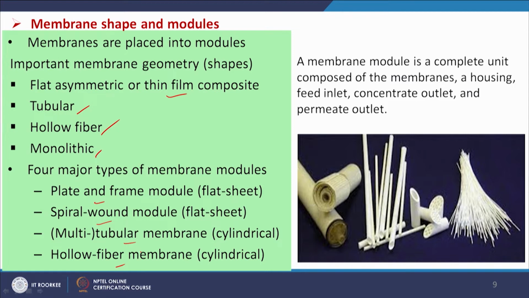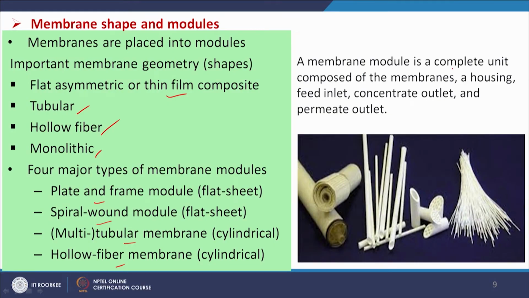Now, what is a module? The membrane, which is used for the separation of pollutants, is a very thin layer of some organic or inorganic material, and the module is a complete unit composed of the membranes, a housing, feed inlet, concentrate outlet and permeate outlet. So, this is a complete module and the membrane is an important part.